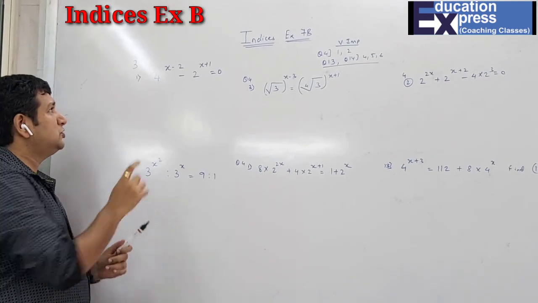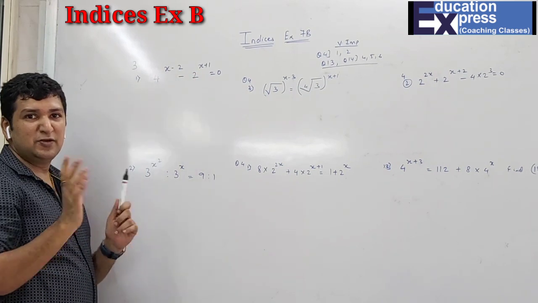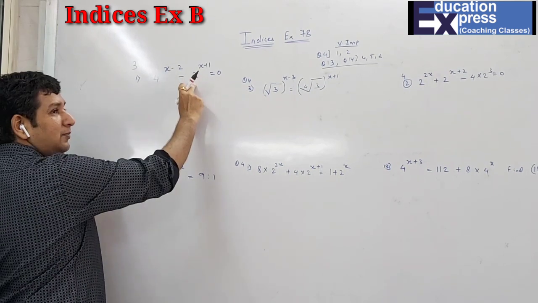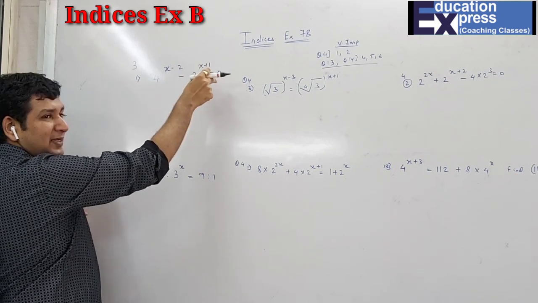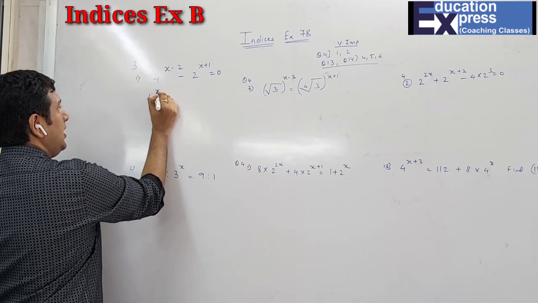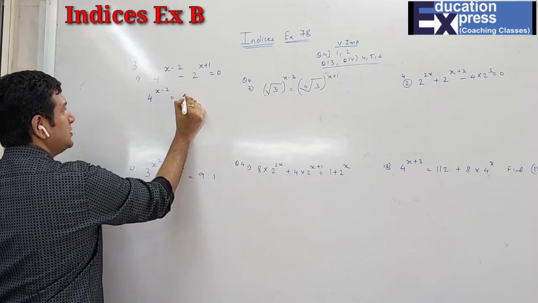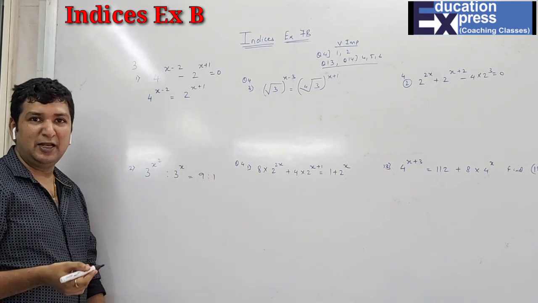So here you can see students, we have 2 terms but they're both on the same side. So obviously first of all I'll send one term to the other side, and I'll send this term because it's minus. So when you go over that side, it becomes what? Plus. So 4 raised to x minus 2 equals 2 raised to x plus 1. Now the sum becomes exactly like question 1 and 2.